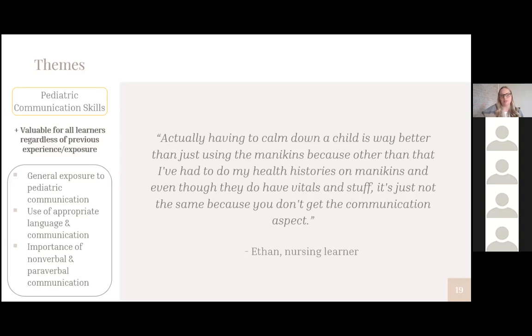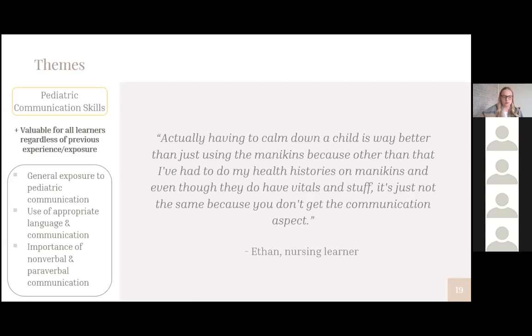Although mannequins can be voiced by somebody through a microphone, they felt it was much more authentic to work with a real child, who had a very specific manner of speaking or moving. And as they put it, actually having to calm that child down in person versus a mannequin who's not moving was a very unique experience, and authentic is how they put it.